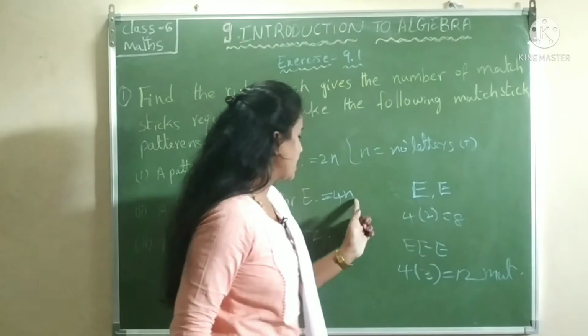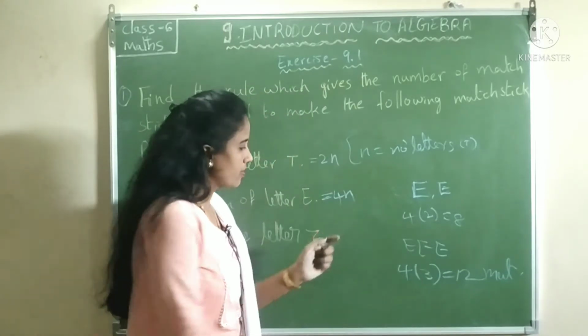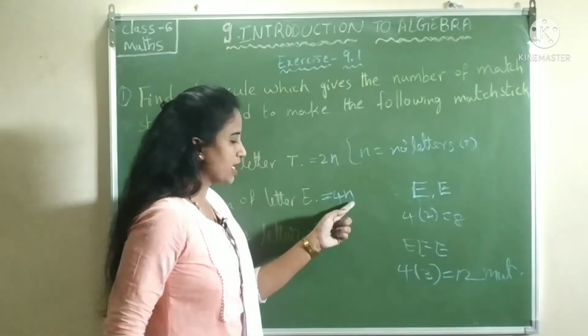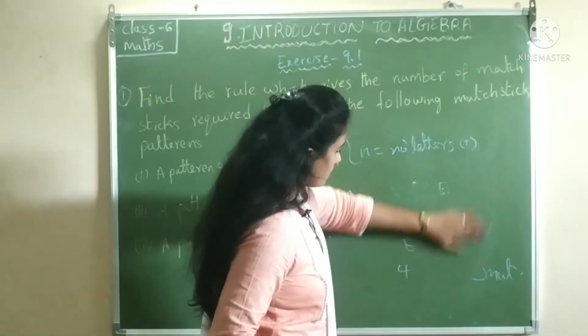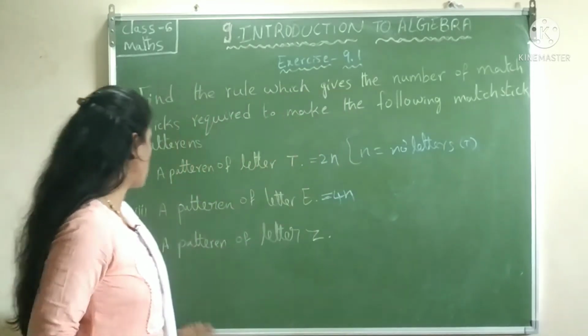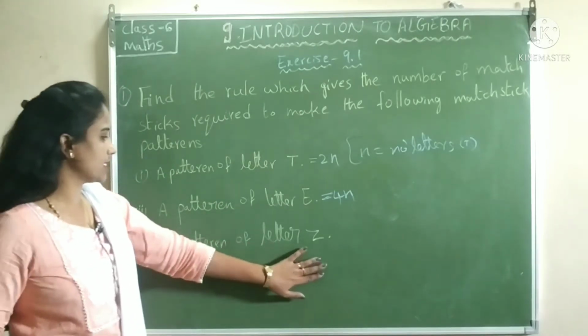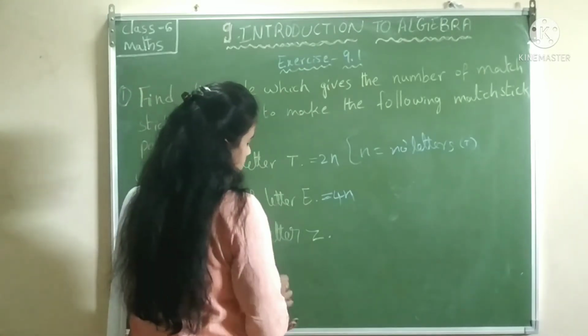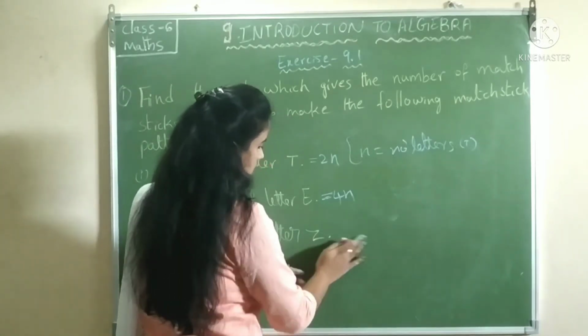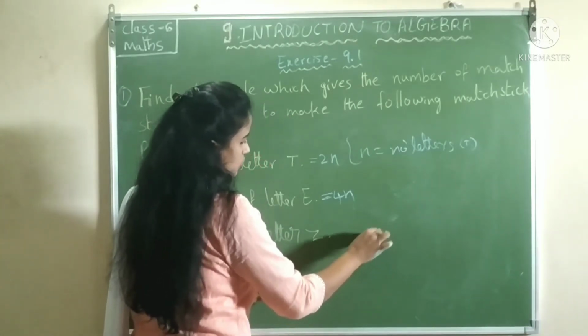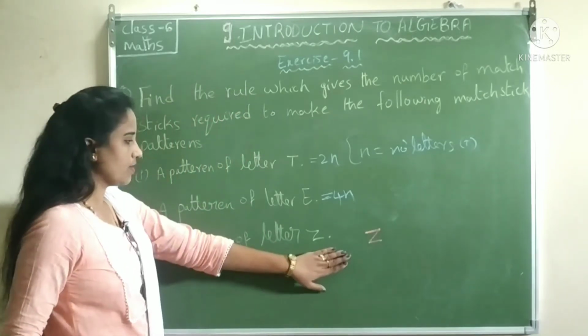Here n is the variable. The value of n is changing. Sometimes it is 2, sometimes it is 3. And the third one, a pattern of letter Z. How many matchsticks are required for letter Z? 1, 2, 3. 3 matchsticks are required.